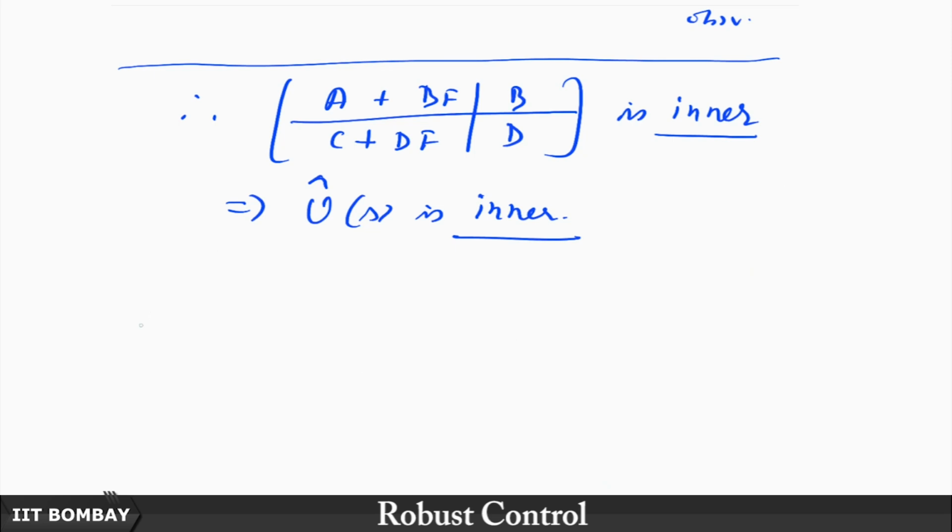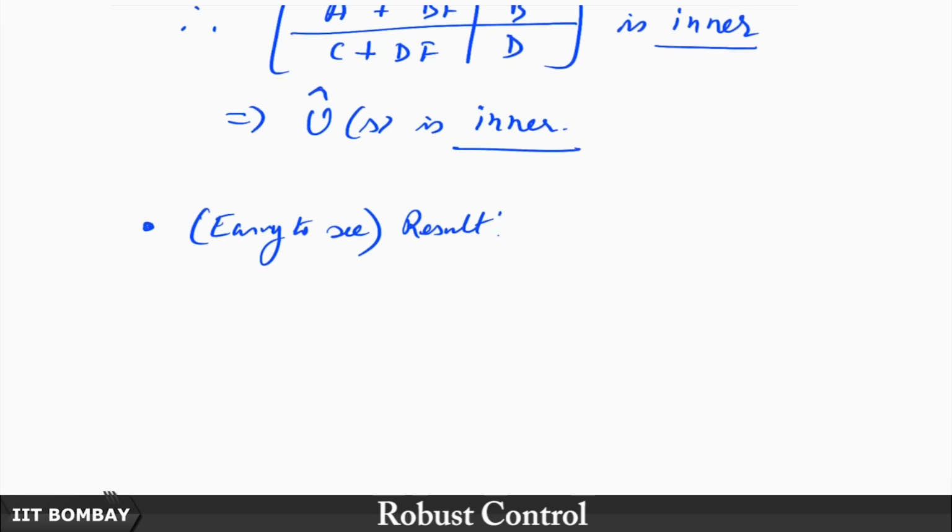Not really a result, it's quite obvious really, it's just like some sort of a corollary, maybe not a corollary, I do not know, just an easy to see result. When I say easy to see, I mean that I am leaving the proof to you. It requires some bit of routine algebra, but I leave that to you as an exercise.